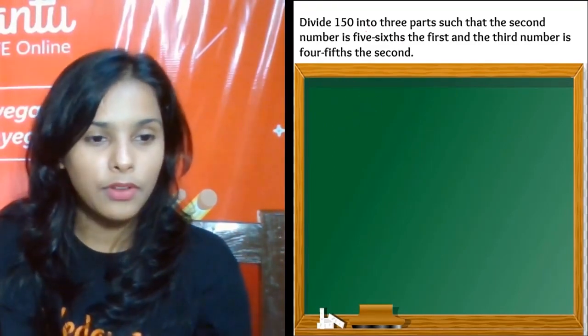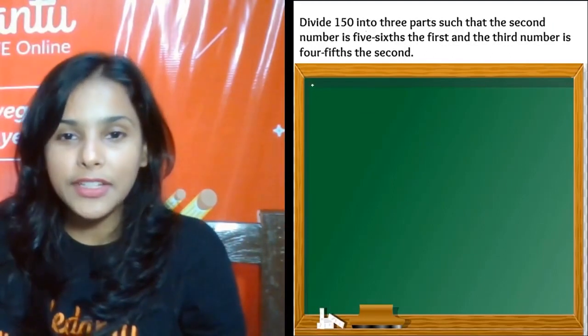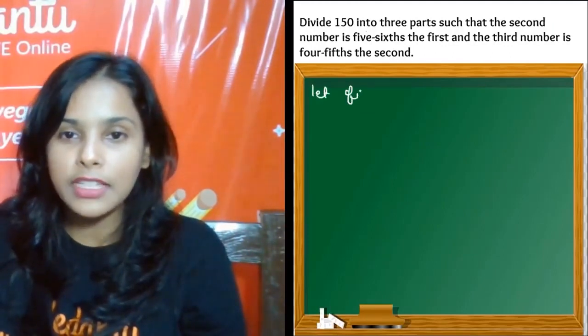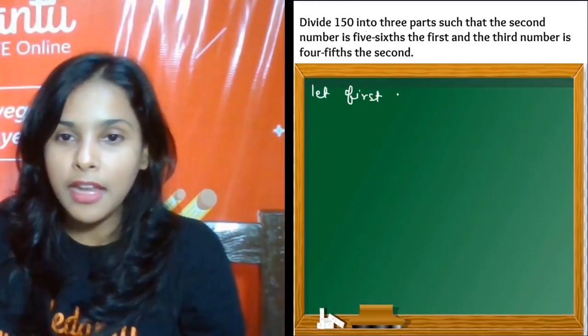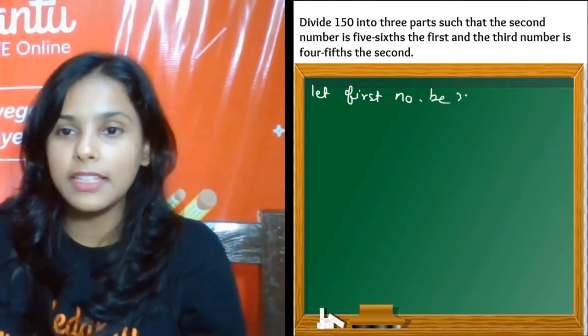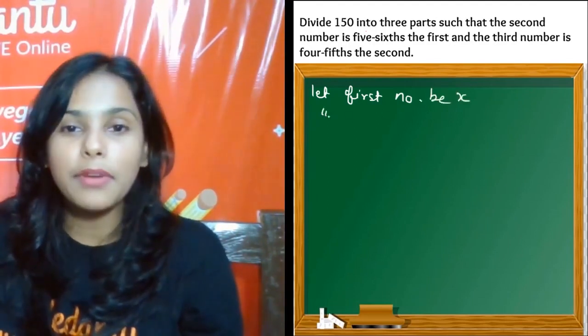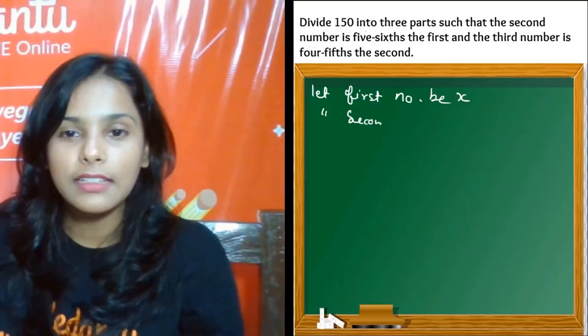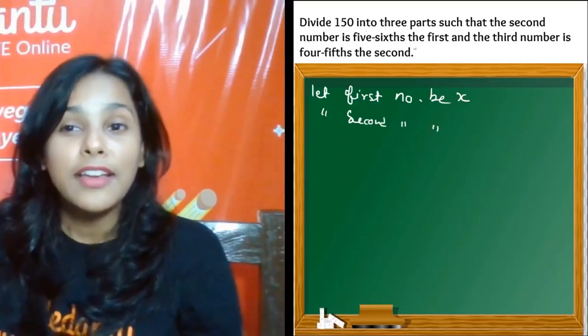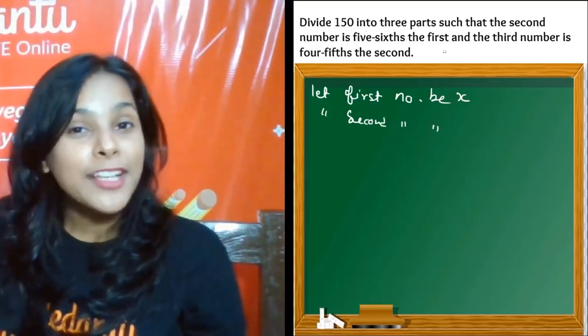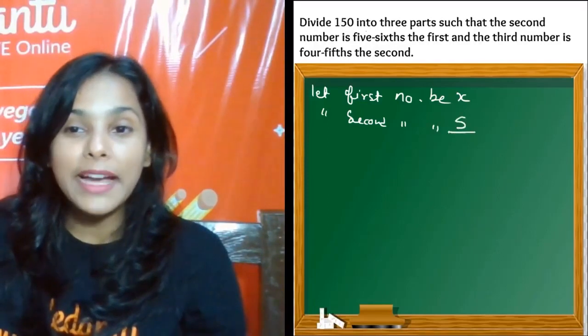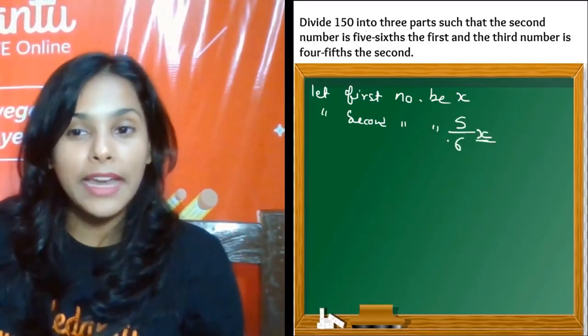Now let first number be x. Second number would be 5 by 6 of first, that is 5 by 6 of first number x.